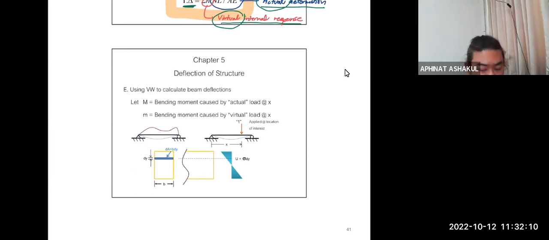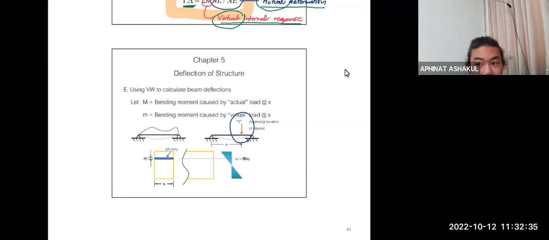But when we start looking at the beam now, the external part is simple enough, because you just apply the load again where you want to know the displacement. And when your beam deflects down, this virtual load is going to travel with your beam. So the external load part is well taken care of.